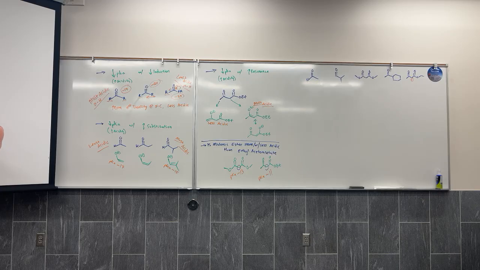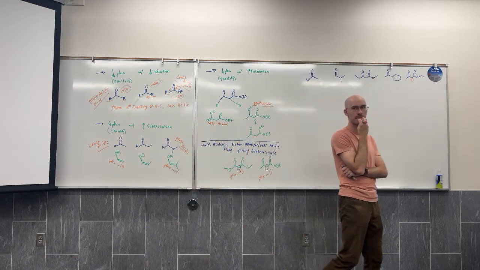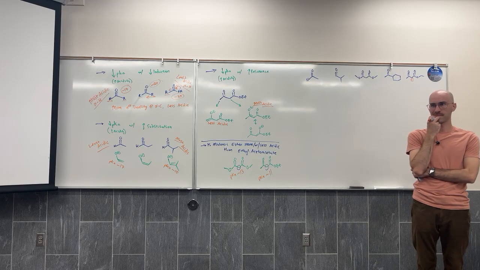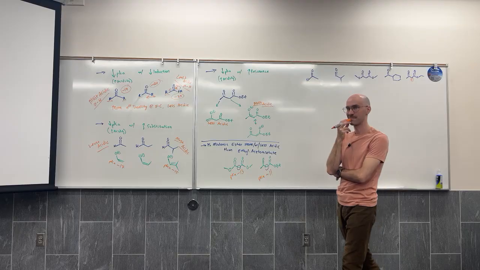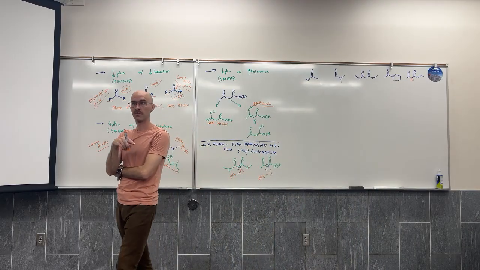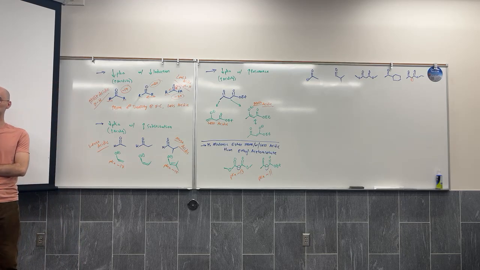I think this is always the best way to go through it. Can you identify your most acidic and then your least acidic? Was this one more challenging than finding the most acidic? On which side?